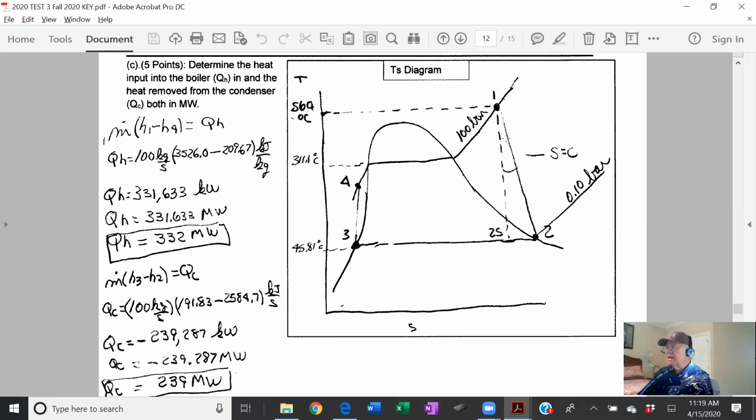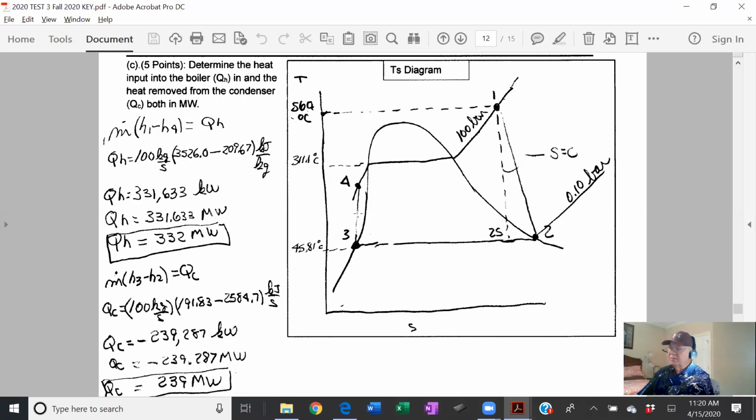And then the isentropic expansion should be a vertical line, and I didn't draw it very vertical, but that's where entropy is constant, and it turned out to be a mixture of about 88% or something. And then the actual H2 I gave you is right here at 0.1 bar, saturated vapor. Then it goes through the condenser and comes out as saturated liquid at this same pressure.